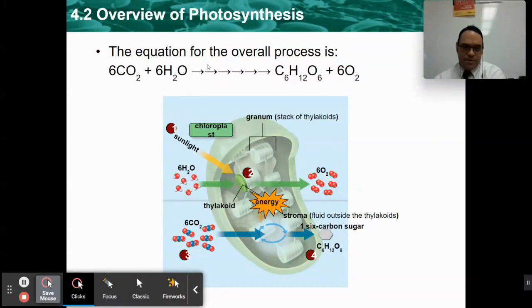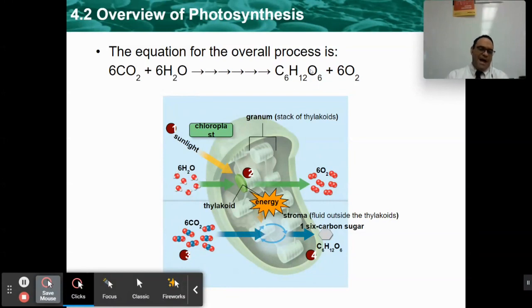So there's six carbons here and there's six carbons here. Twelve oxygens, right? Six times two oxygens is 12. Well, this is six, and then six times two is 12 right there. Here's six more oxygens. That's for this one. And then 12 hydrogens. Here's your 12 hydrogens.